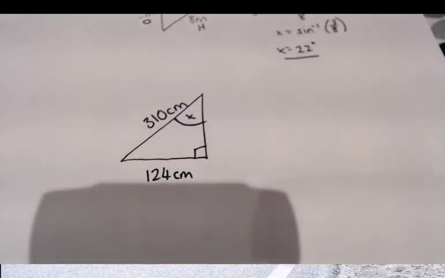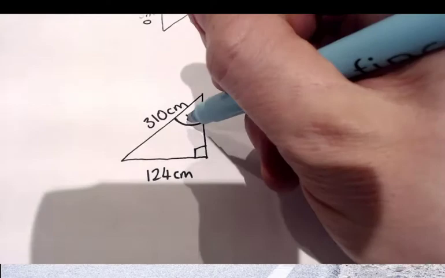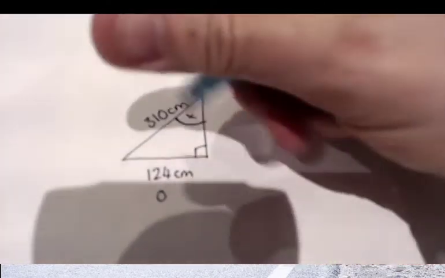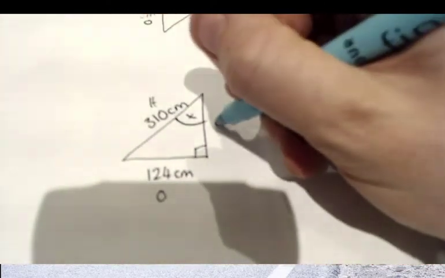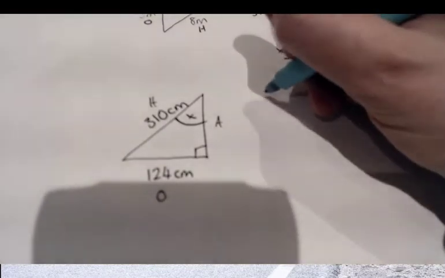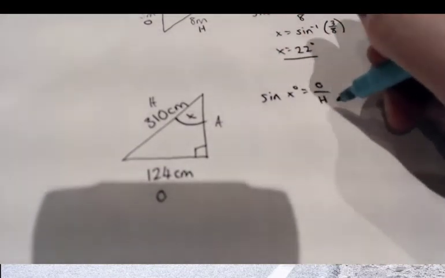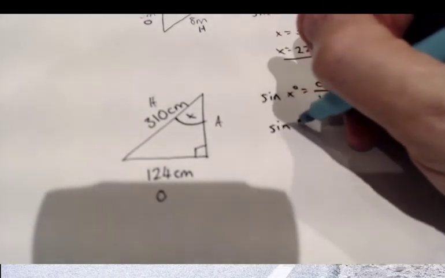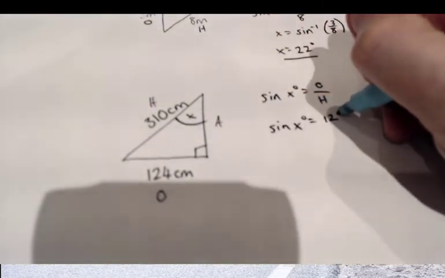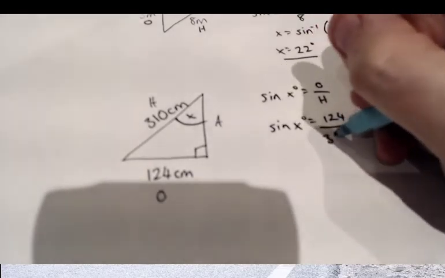Hit pause, give it a go. Right, standing at the x, so there's my opposite, there's my hypotenuse, there's my adjacent. I write down the rule. Sine x is opposite over hypotenuse. I fill in the two numbers. The opposite is 124, the hypotenuse is 310.